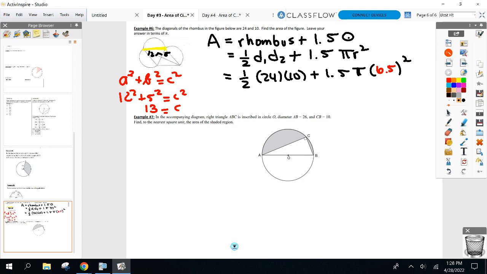So 1/2 times 24 times the 10. Area of the rhombus, 120. Plus, the pi is going to be here, but I could still do 1/2 times 6.5 squared.